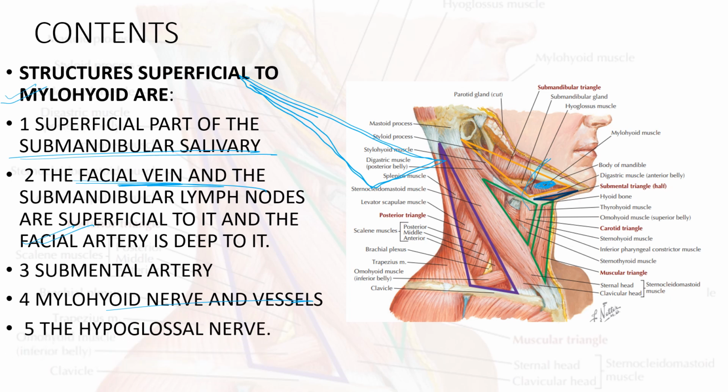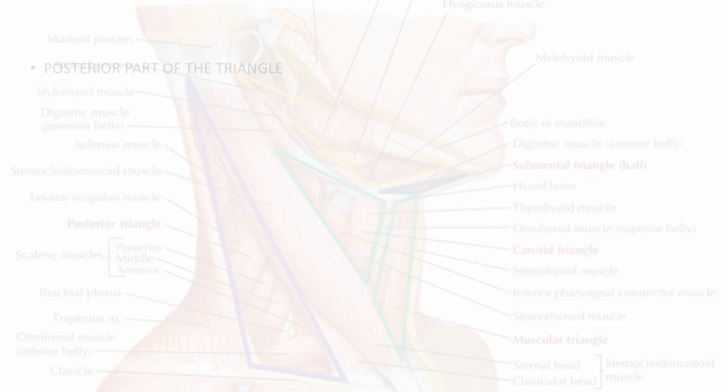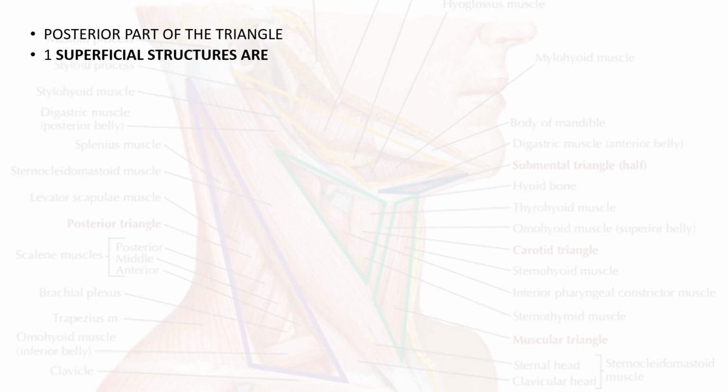And we have the hypoglossal nerve. So this thing should be very clear. The nerve is hypoglossal, the muscle is hyoglossus. Okay, the muscle is hyoglossus, the nerve is hypoglossal. Now the posterior part of this triangle will have structures like the parotid gland. बच्चों this is the area of the parotid gland.